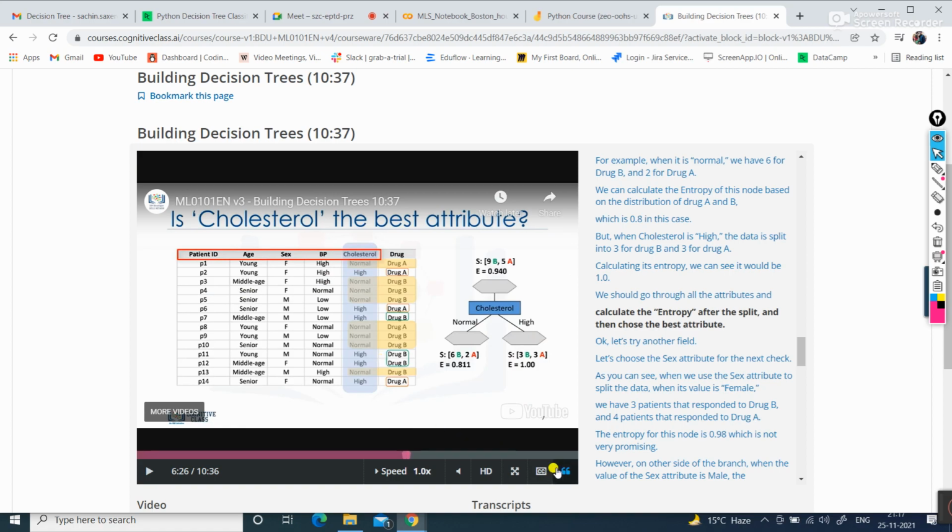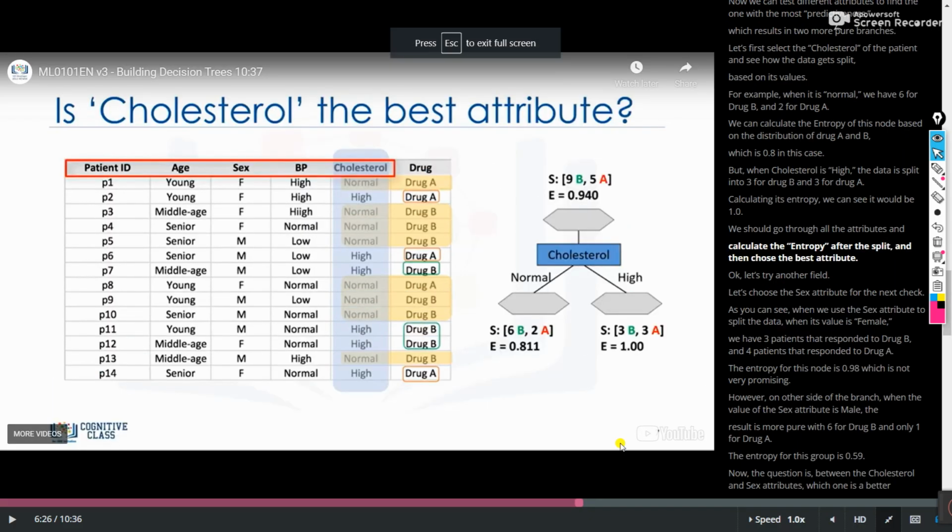Is that clear? Yeah, that makes sense. Since we have an entropy of 0.9, which is close to 1, does that mean we will branch or make another division? I will have to include all the features: patient ID, age, sex, BP, cholesterol also.